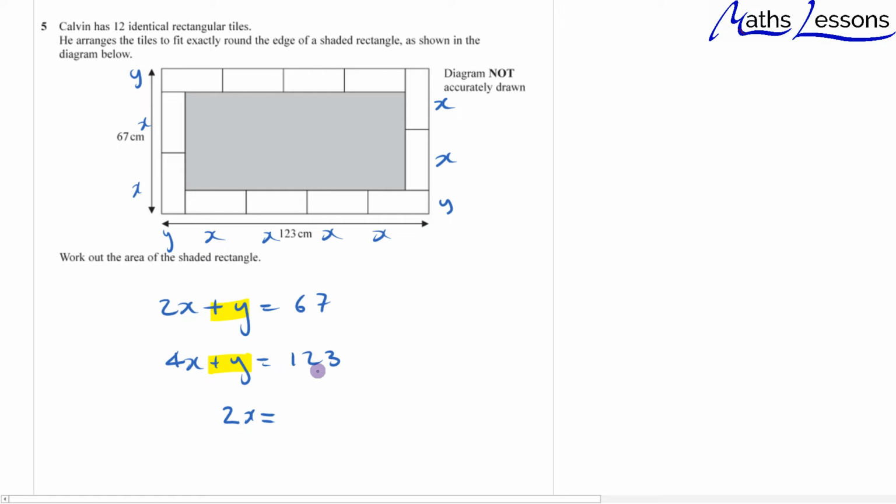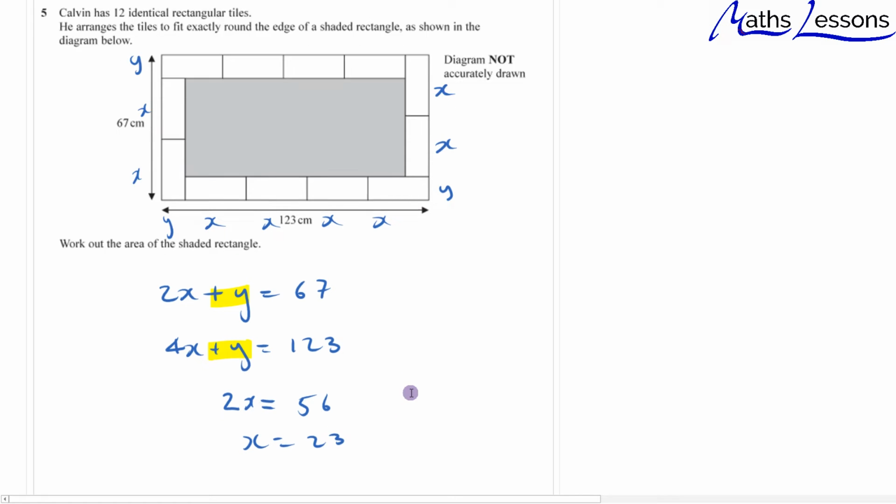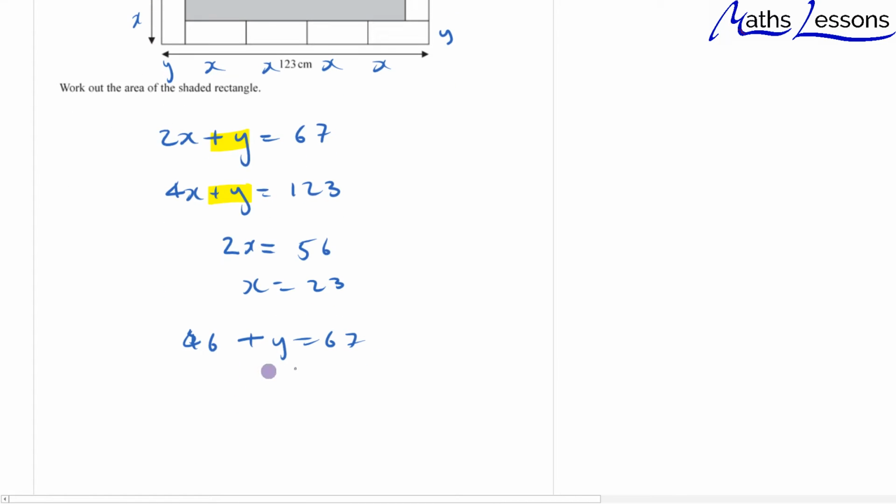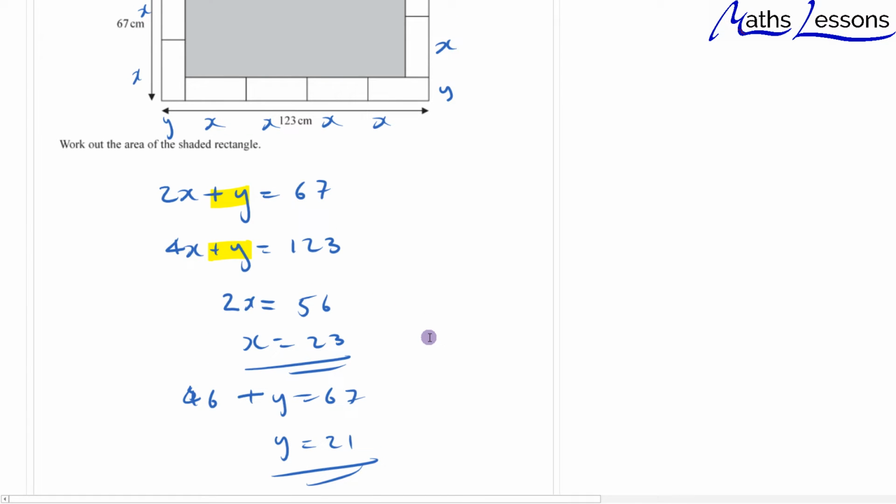So 2x equals 56, and y equals 67 minus 56. Take the 6 off the 6, get 1. And I'm not convinced of my mental arithmetic, so I'm just going to check that answer.